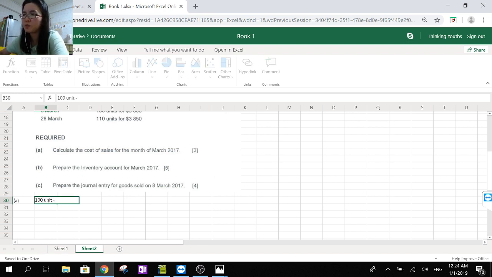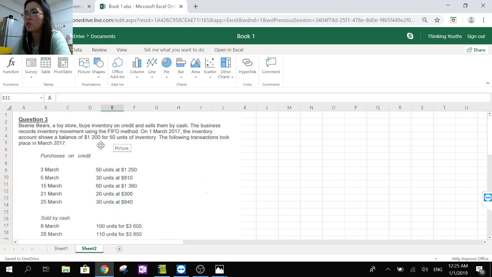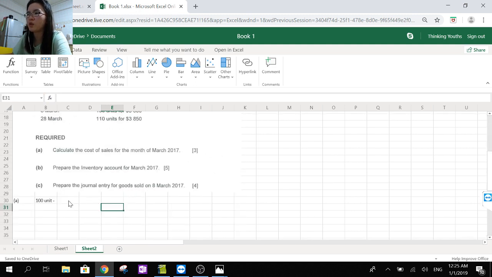This is actually split up into, okay, in the beginning you already have 50 units. So you have 50 units and on 8 March you are selling 100, so you need to take another 50 units from the 3rd March because of the FIFO method that you are adopting.